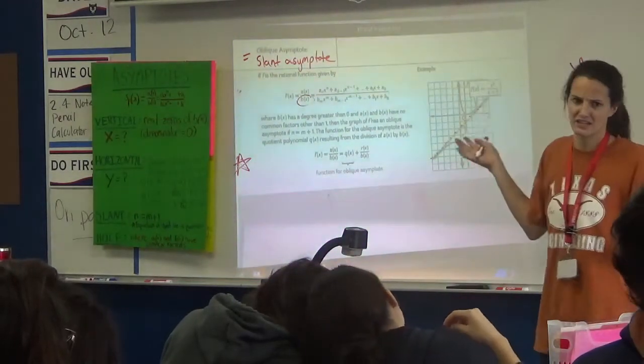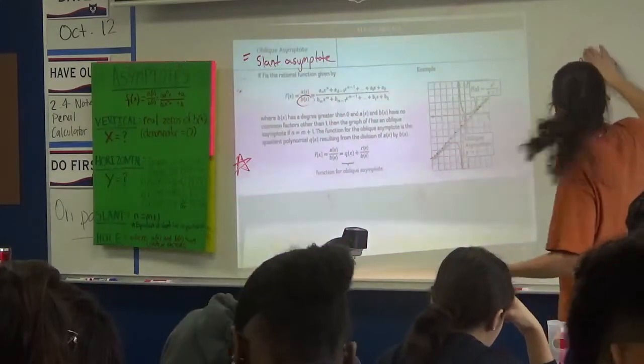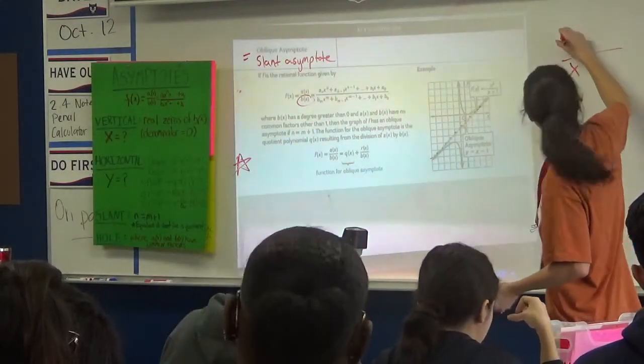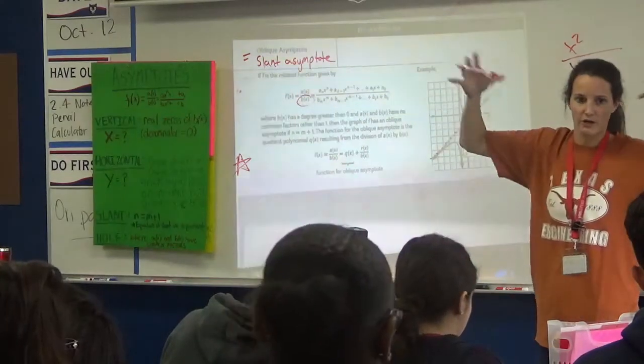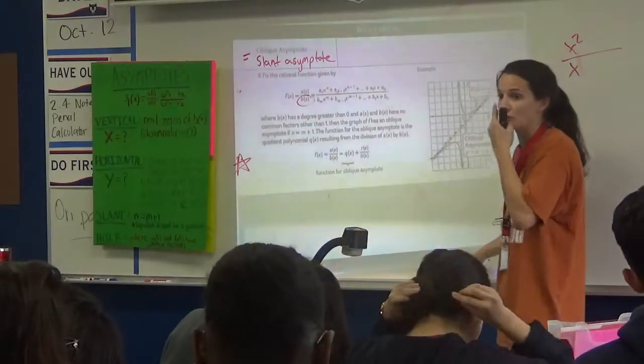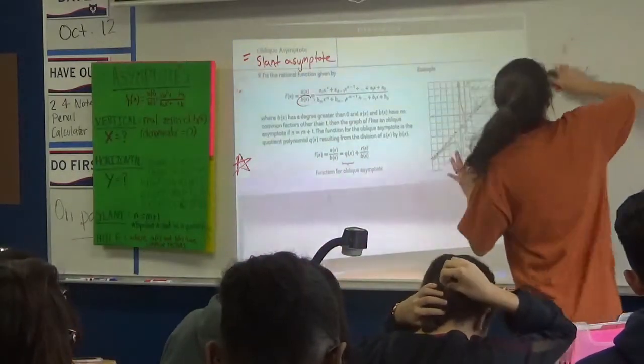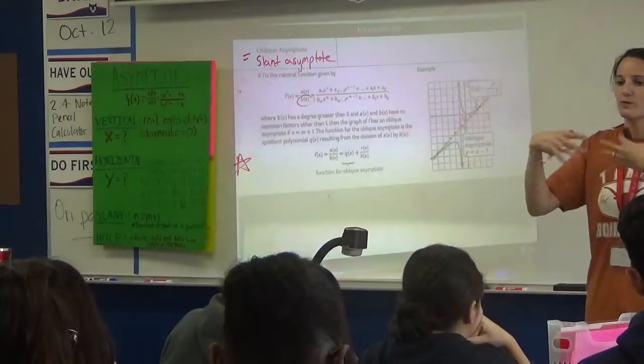If it's 0, the x actually isn't even there. So we're definitely looking at rational functions where we've got at least a power of 1 or higher, like x squared or x or something like that, okay? So that's a leading in, clarifying part about what has to be true about our function before we can even do this.